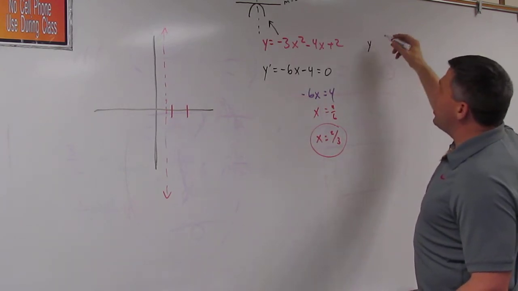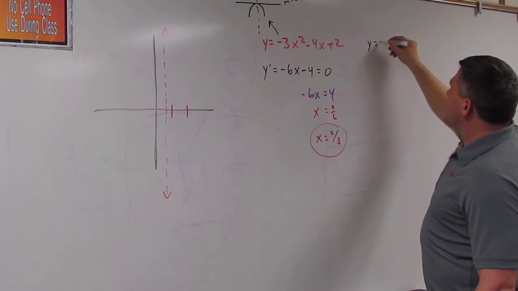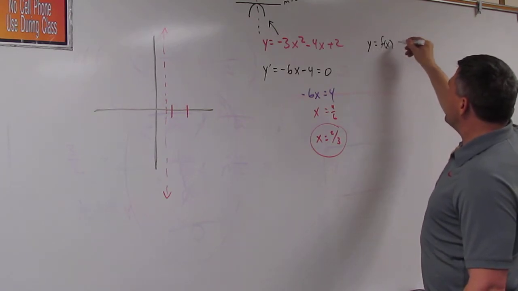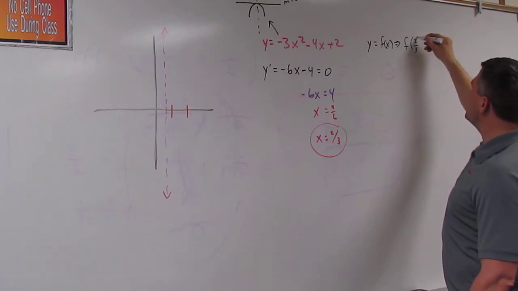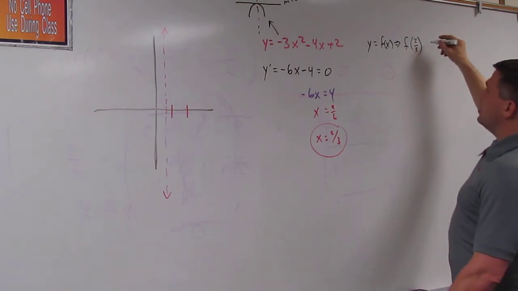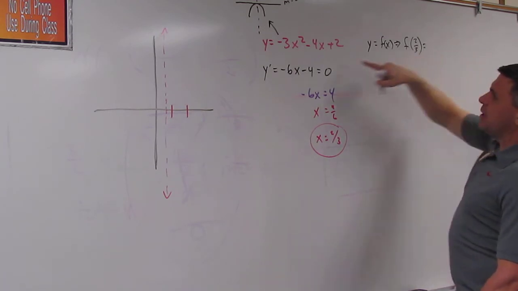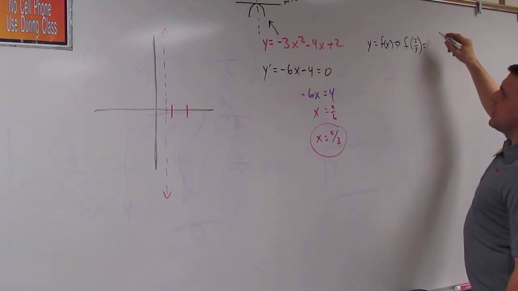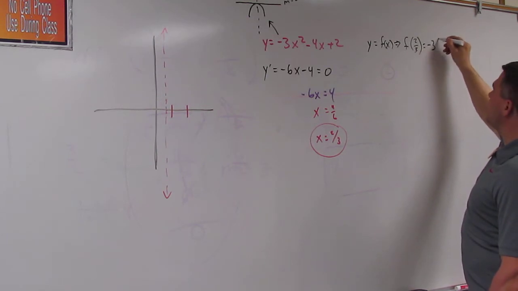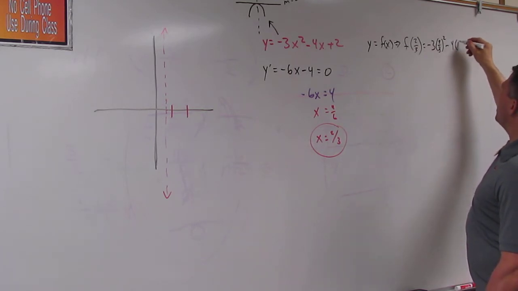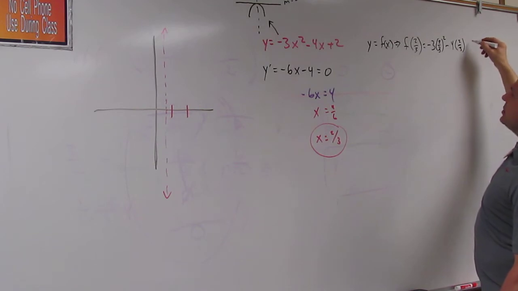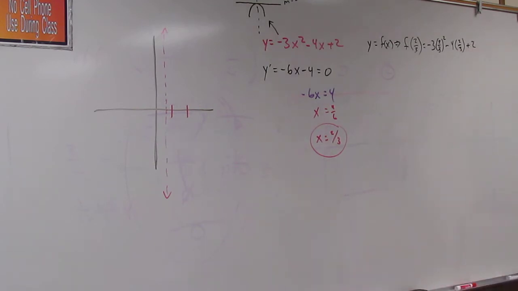So now you set up y is equal to f of x, which implies that we have f of 2/3 equal to this equation. So now we just plug it in. Negative 3 times 2/3 squared minus 4 times 2/3 plus 2. And now you do the math.